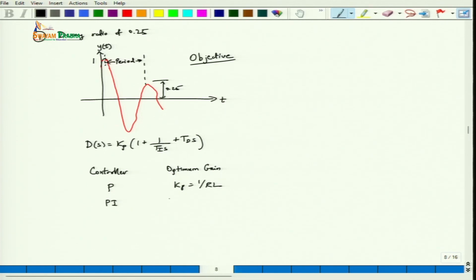Next we have the PI. For the PI, Kp is equal to 0.9 by RL and Ti is L by 0.3.